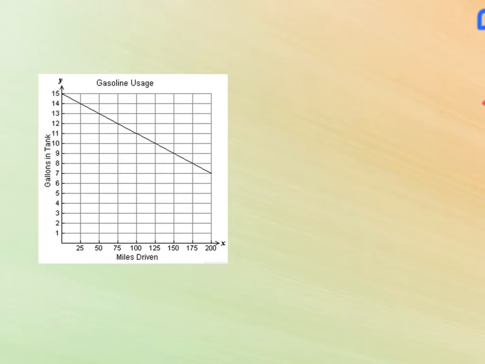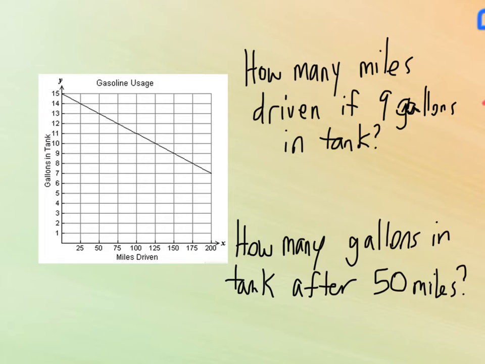This looks like gasoline usage, and we're comparing the gallons in the tank of a vehicle and the miles driven. As you can see, the more miles someone drives, the less gasoline is in their tank. All right, a couple questions we can try. First one is, how many miles have you driven if there's 9 gallons left in the tank?